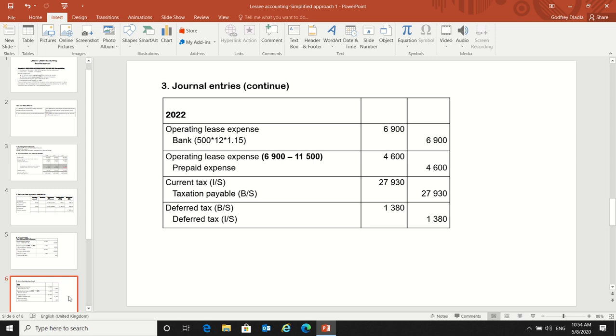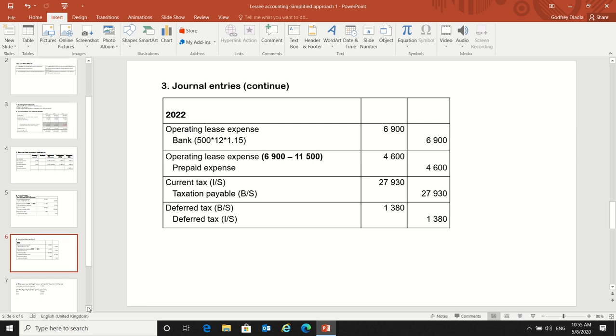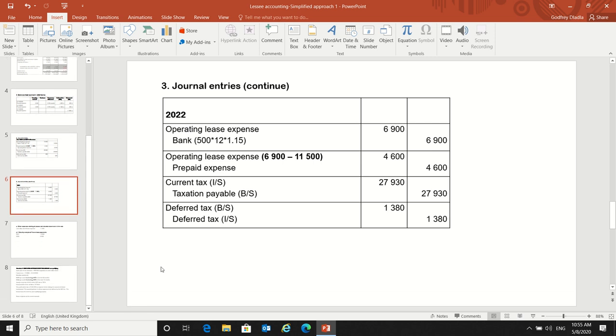Then I go to the next part, which is 2022. In 2022, you're going to pay 500 times 12 times 1.15, which is including VAT, and that will give us an operating lease expense of 6,900.